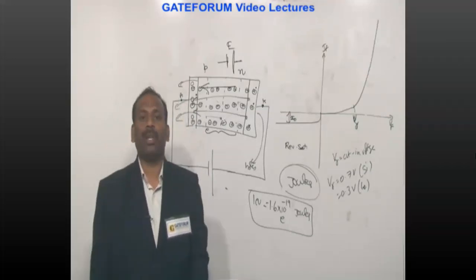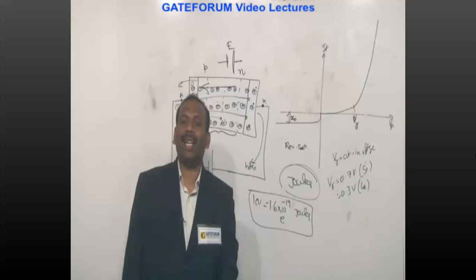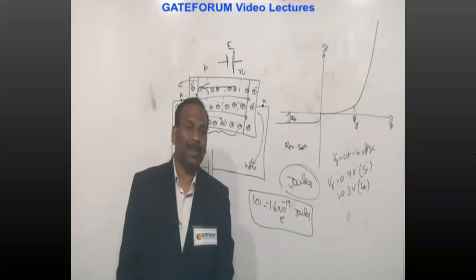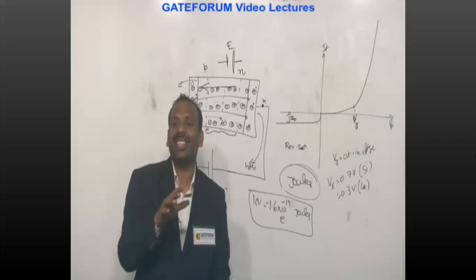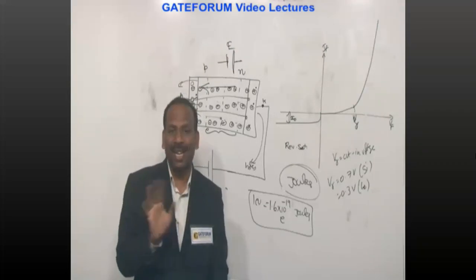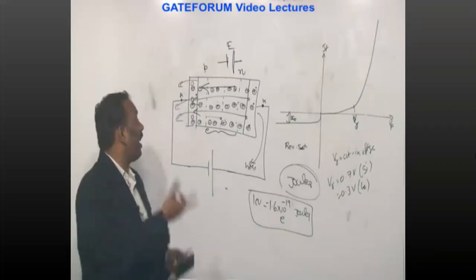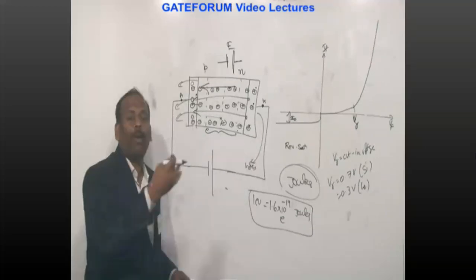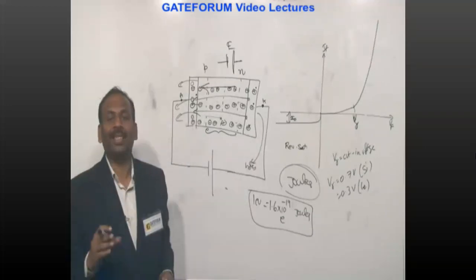Clear? Next, Piyush Binani: Sir, is the barrier reduced in terms of potential or in terms of length? Actually, the barrier is not increased, it's not reduced, it's not like that. You are giving energy to the electron to overcome the barrier.